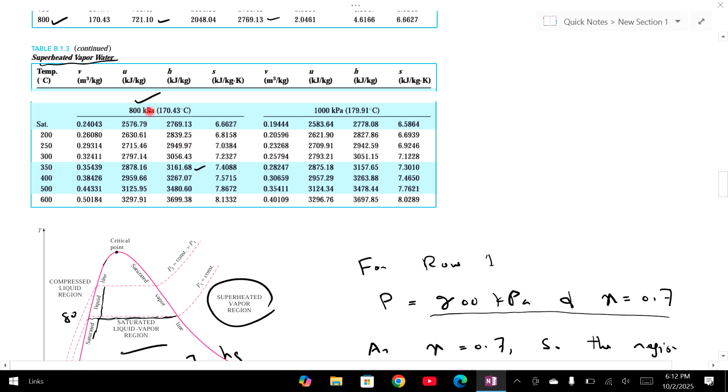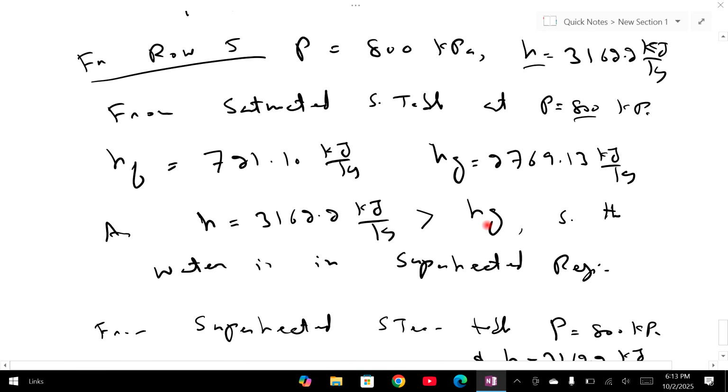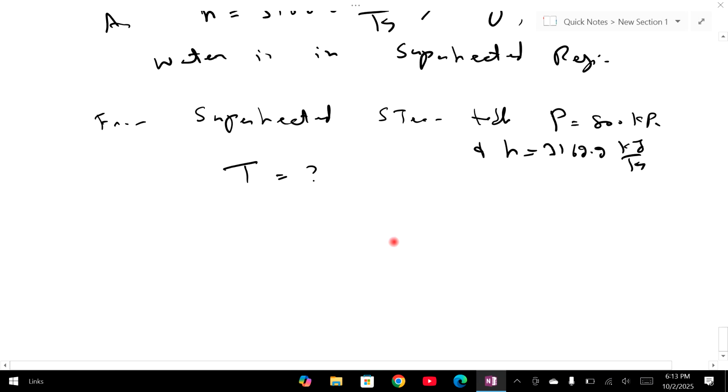So at 800 kilopascal and enthalpy 3162 kilojoule per kg, the temperature is 350 degrees centigrade.